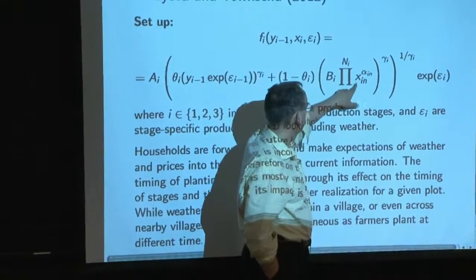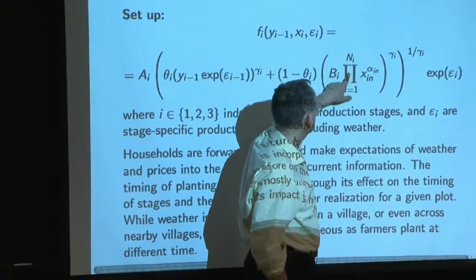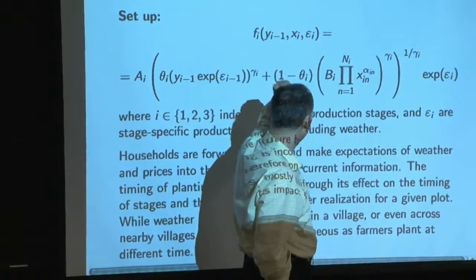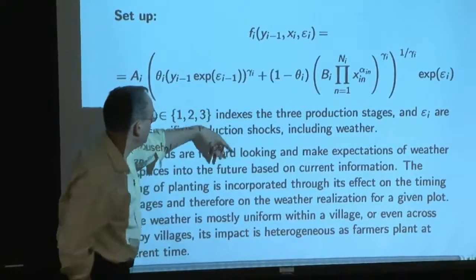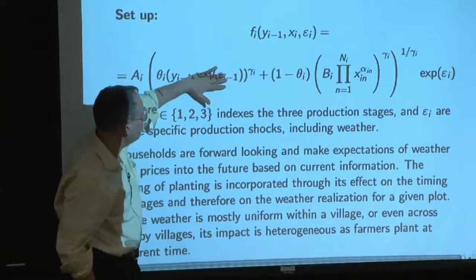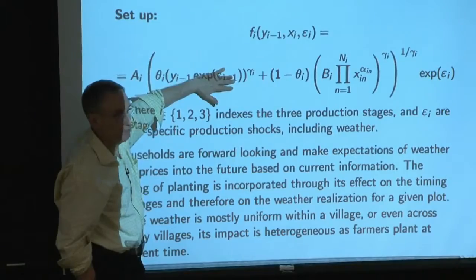Well, you've got land, labor, capital, and so on as Cobb-Douglas type inputs into the production function. But you've also got the state of the crop plot that you inherited from the previous stage.